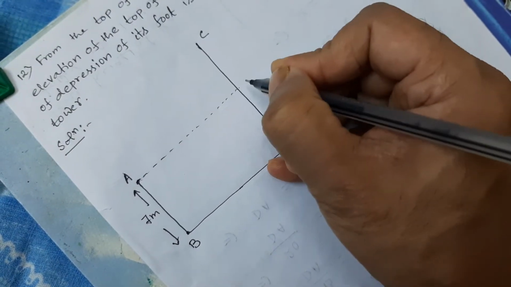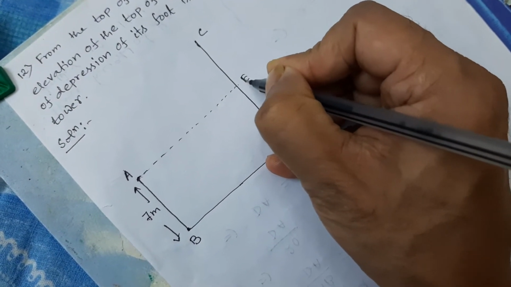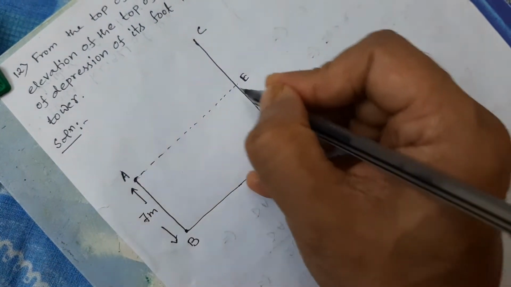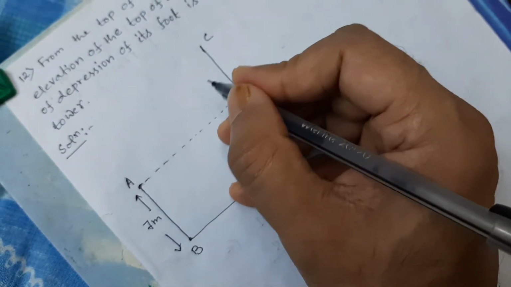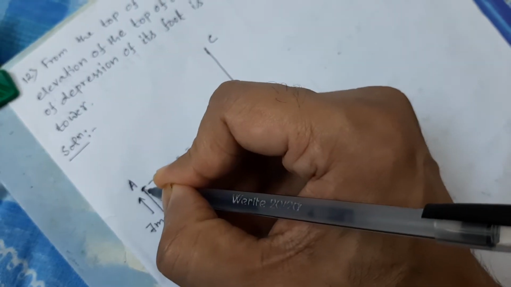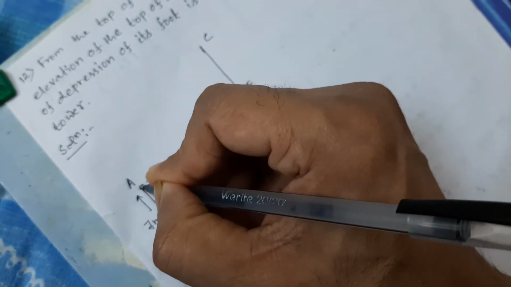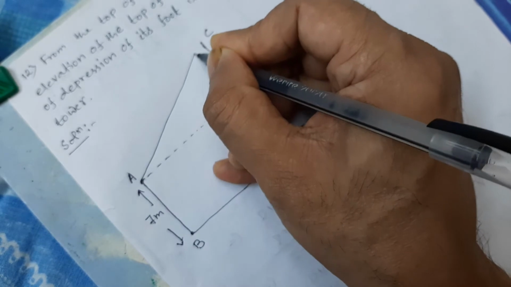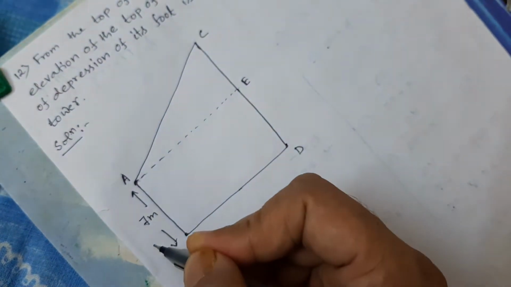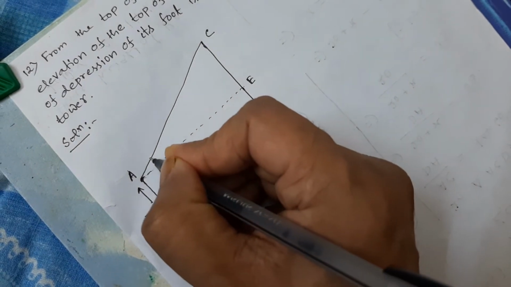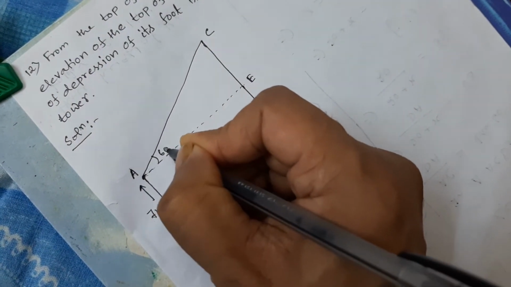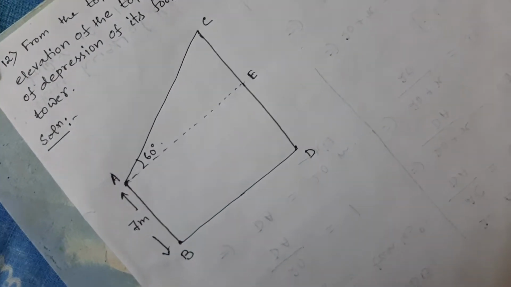Suppose this is point E. From A to C, the angle of elevation is 60 degrees.